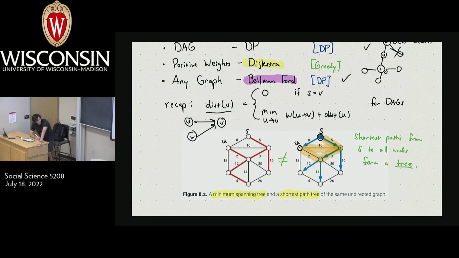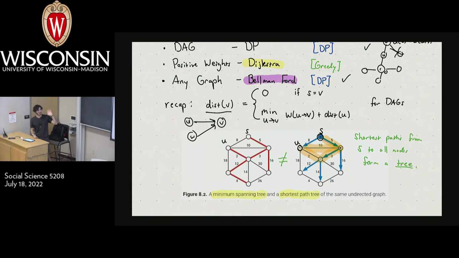So in a minimum spanning tree, you care about overall the total sum, whereas for shortest paths, you care about, for each pair, what's the shortest way to get there. So there's kind of a bias. For the shortest paths, you're biased towards things closer to you, because each individual node has its own independent shortest path.